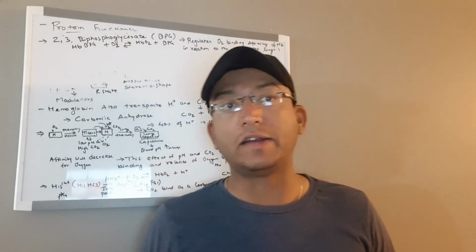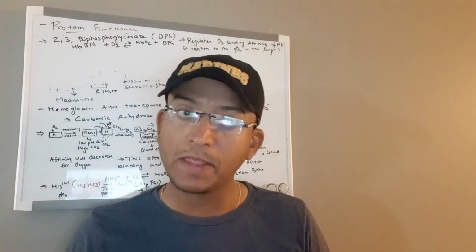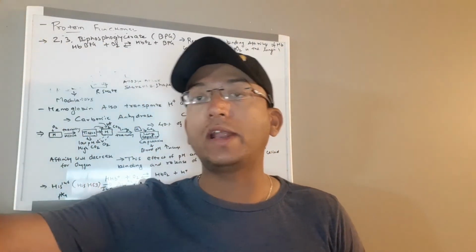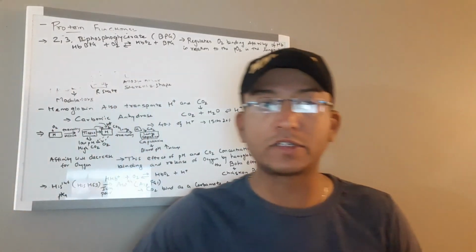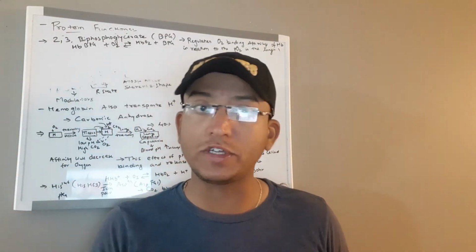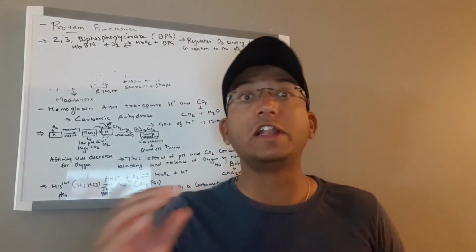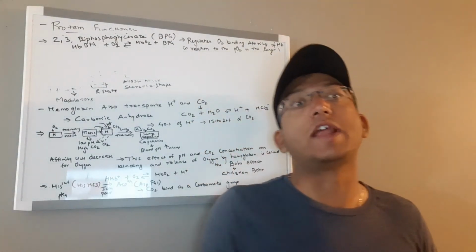Imagine that this person is suddenly transported from sea level to an altitude of like 4500 meters, where the partial pressure of oxygen is considerably lower. At that time the delivery of oxygen to the tissue is now reduced.